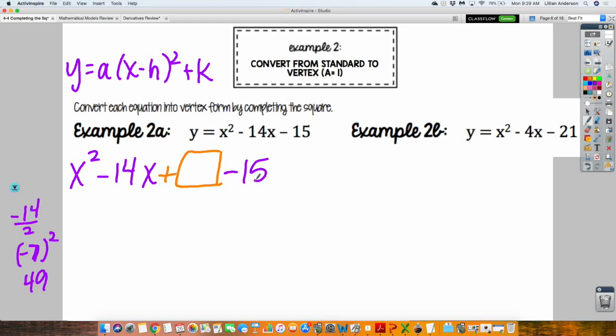But what you do is that 49 is going to be added to the first two terms, but then subtracted from the C value. You add it to the first two terms, the x squared plus bx expression, but then you subtract it from the C value.